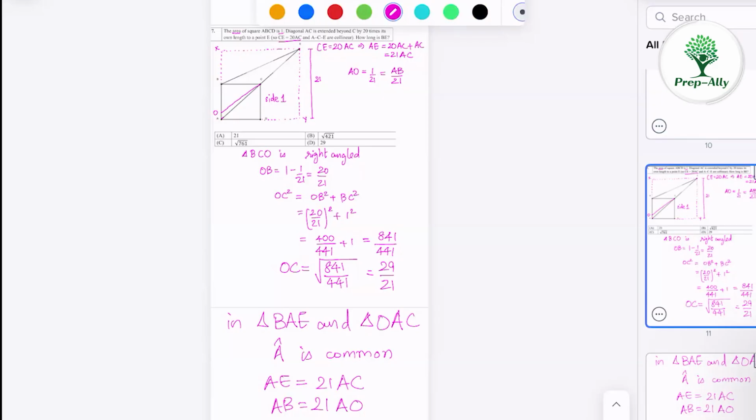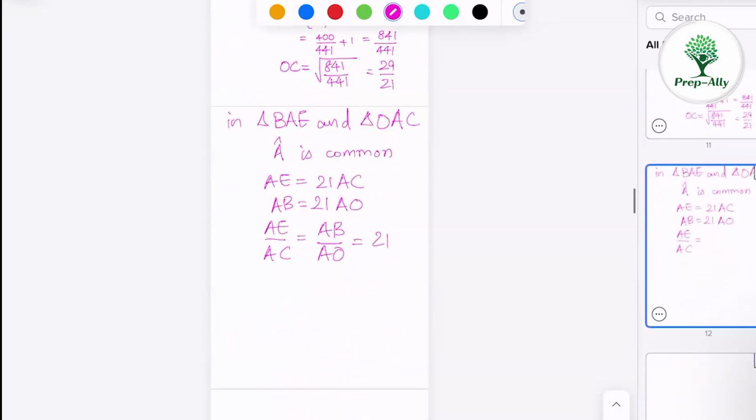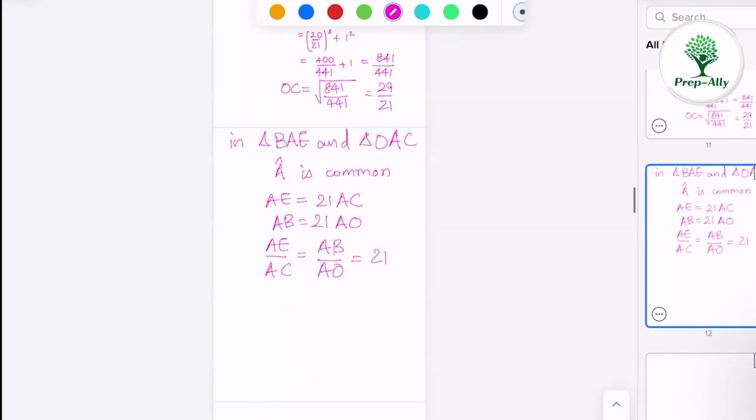So from this we get AE by AC equal to AB by AO equal to 21. So we have triangles BAE and triangle OAC as similar triangles.